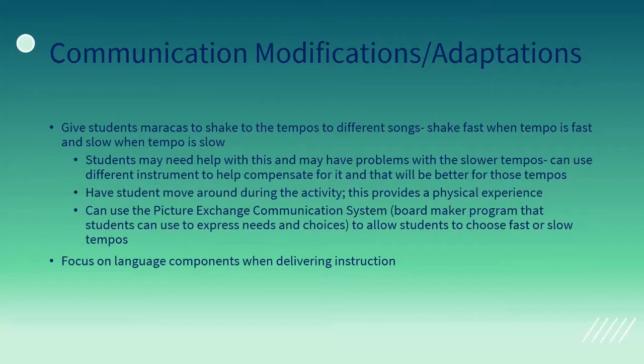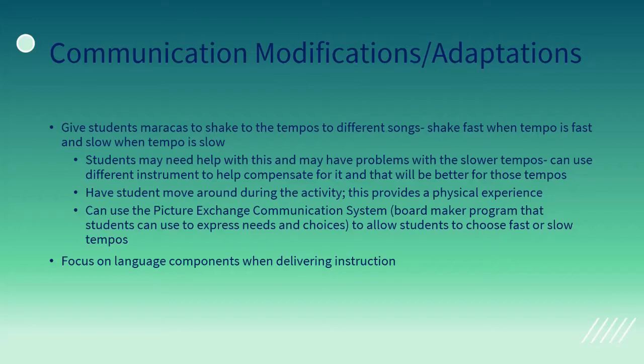So you could use different instruments to help compensate for this, and the students may be able to feel the tempo better with those instruments. Another thing would be to have the student move around in this activity. This will provide a physical experience for them.